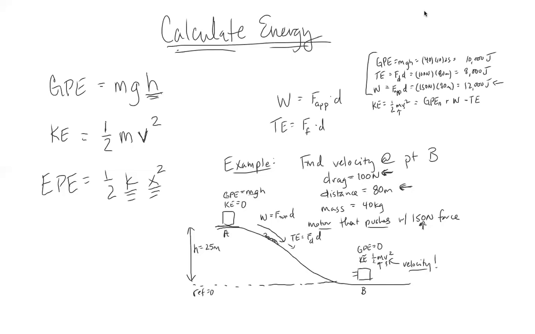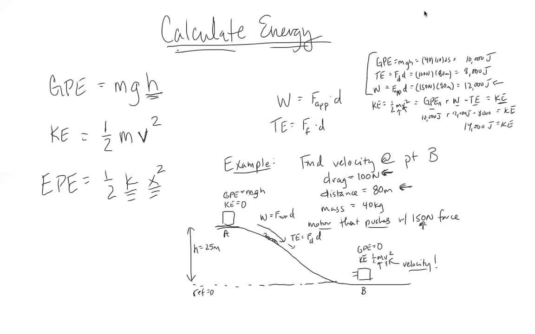We have all of these terms, so we can figure out the kinetic energy and then solve for velocity. So this is 10,000 joules plus 12,000 joules minus 8,000 joules, which is equal to kinetic energy. So 14,000 joules is KE.